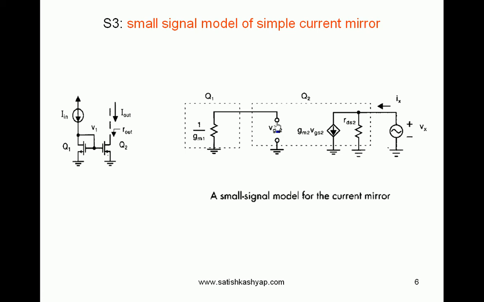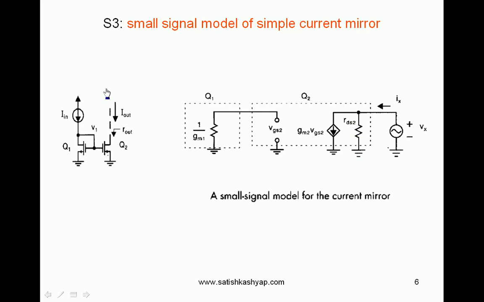Simply, VGS2 is 0 as there is no current flowing into 1 by GM1. And since VGS2 is 0, this current source is neglected because GM2 into VGS2 is 0. A zero current source is nothing but an open circuit. So this is open circuit, this is neglected, and the only component remaining is RDS2.